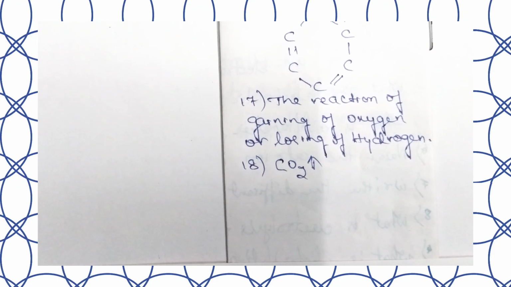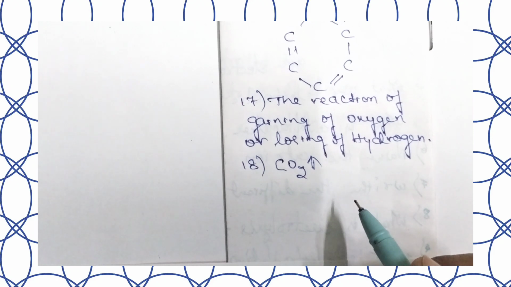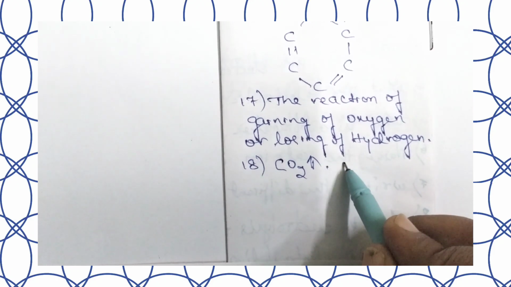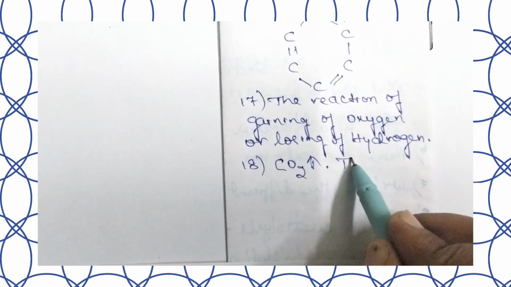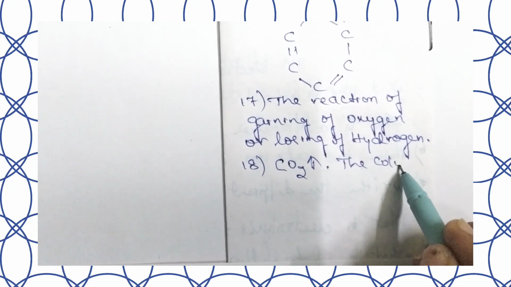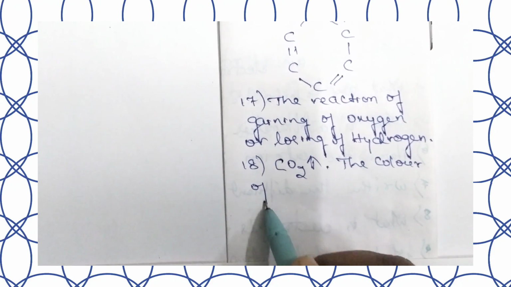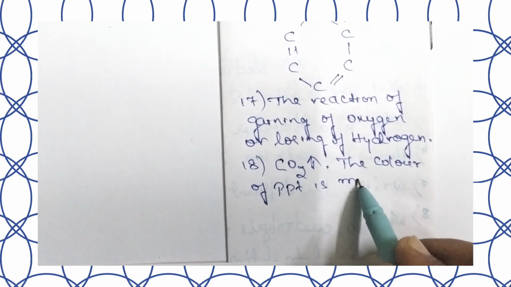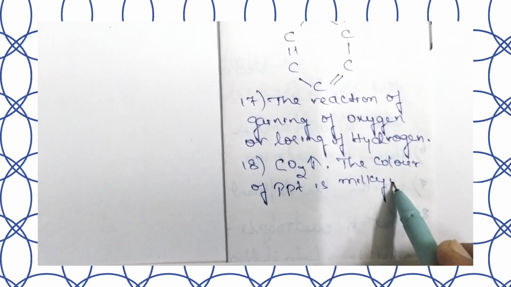Then what is the color of the precipitate obtained when the gas is passed through lime water? When the gas is passed through lime water, the color of the precipitate, the color of PPT is milky white.